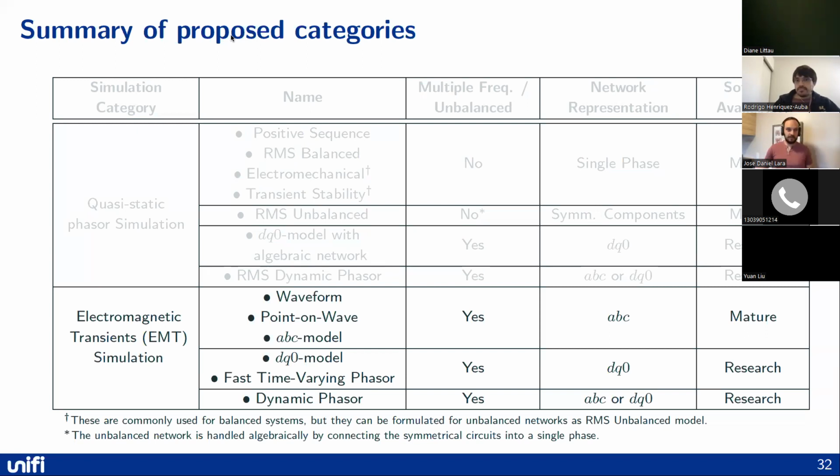So the next category, of course, is the EMT category. In this case, the waveform simulation is also known as point-on-wave or ABC, which are all the names it has. It is the most developed one, with a lot of very specialized algorithms coming from the representation of the dynamics.